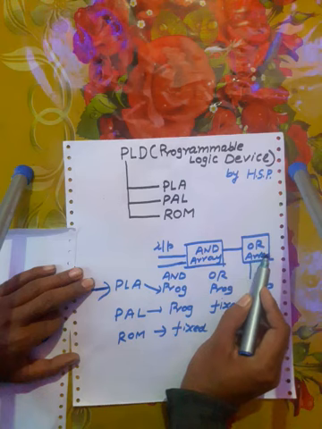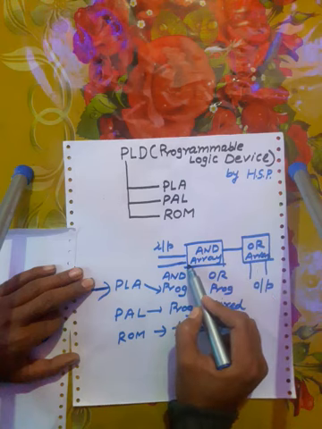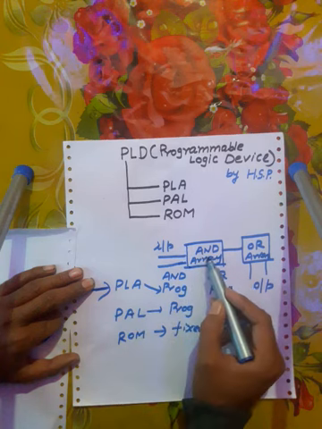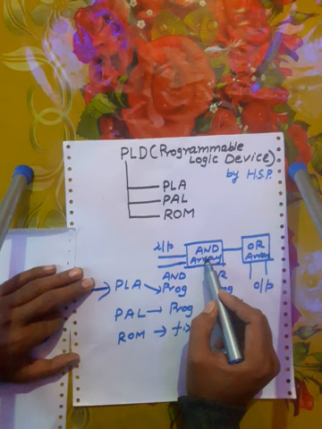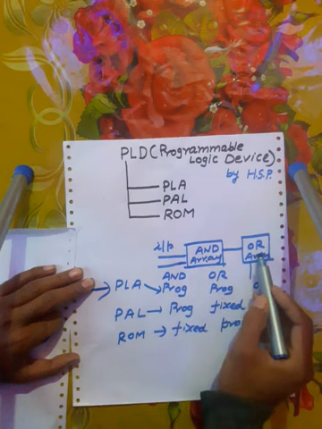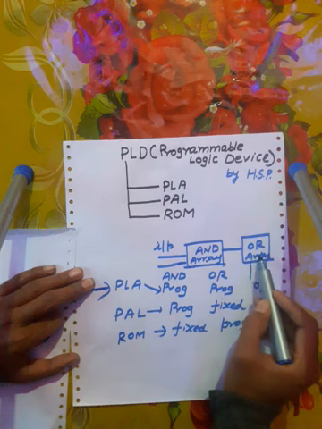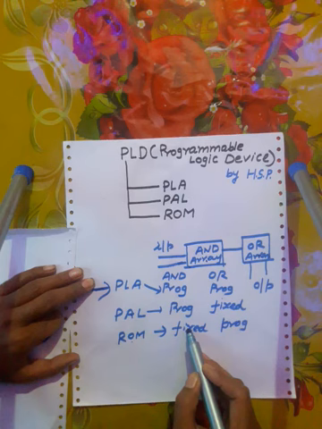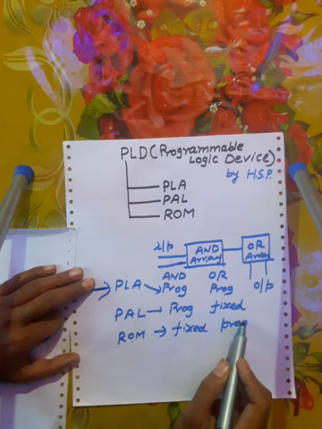It is programmable as well as this is programmable. In PAL, the AND array is programmable but the OR array is fixed. In ROM, AND is fixed and OR is programmable.